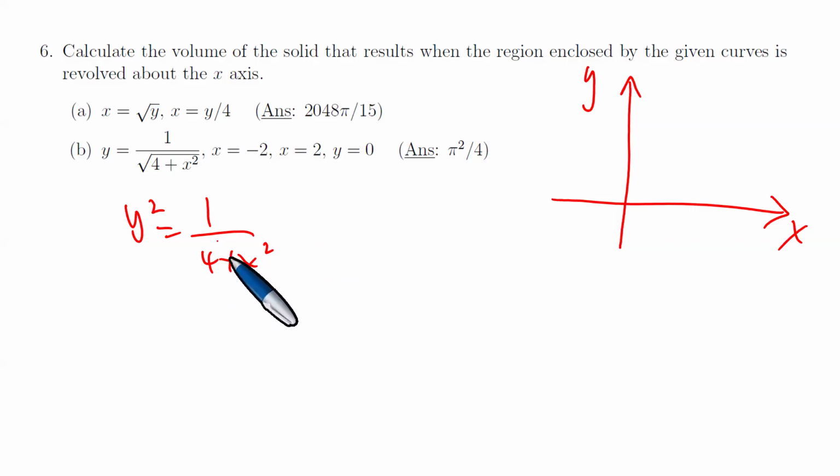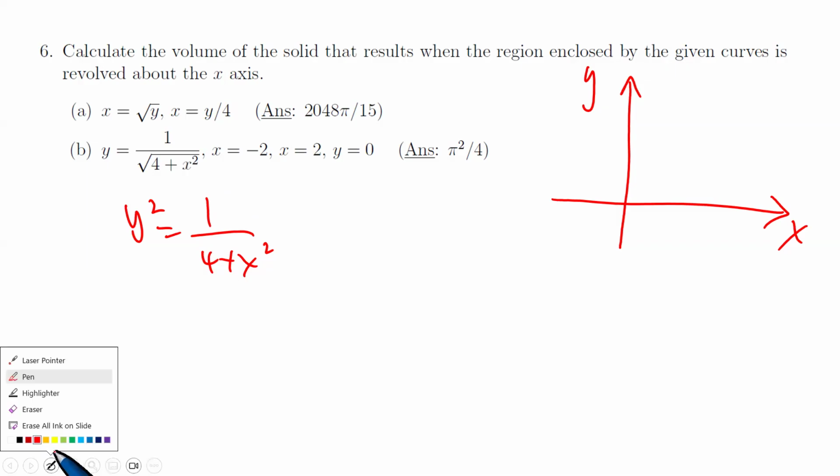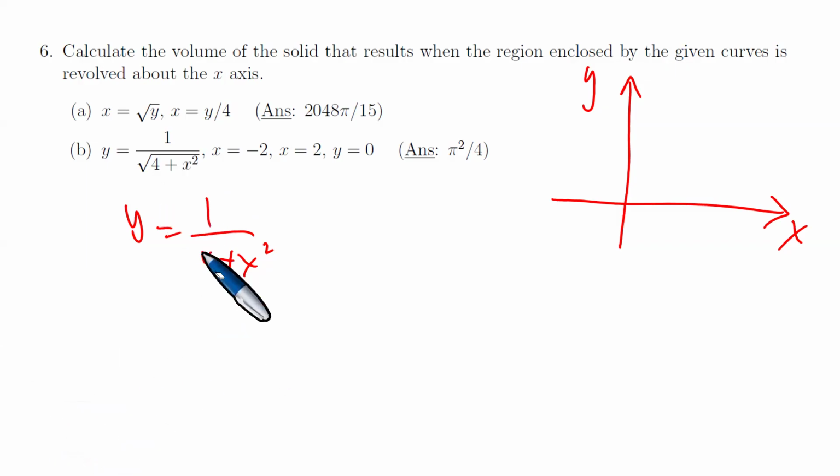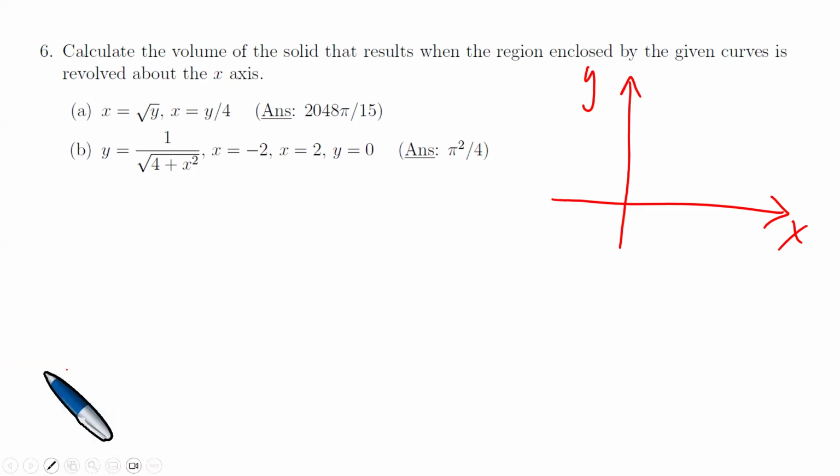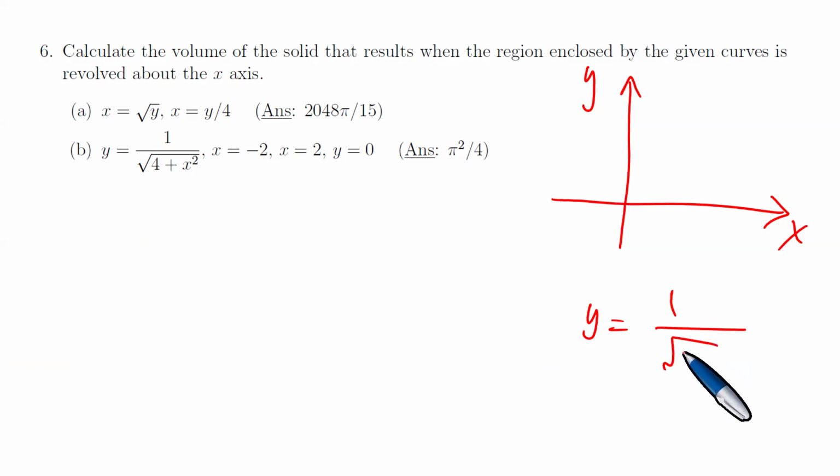For instance, when x is 0, you have 1 over the square root of 4 plus x squared. When x is 0, y is 1 over the square root of 4, which is 1/2.